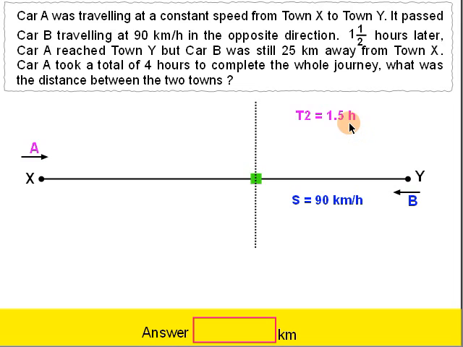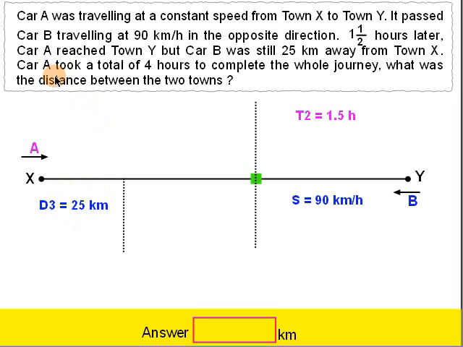After they pass each other, 1.5 hours later, the time taken for car A from the point where they pass each other to Tau Y was 1.5 hours. But 1.5 hours after they pass each other, car B was still 25 km away from Tau X.